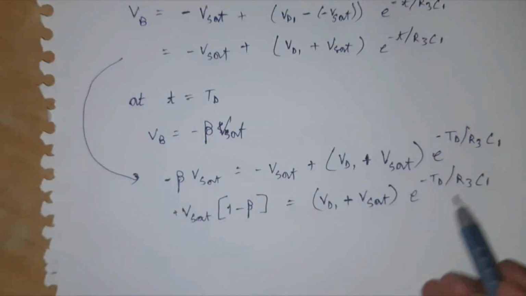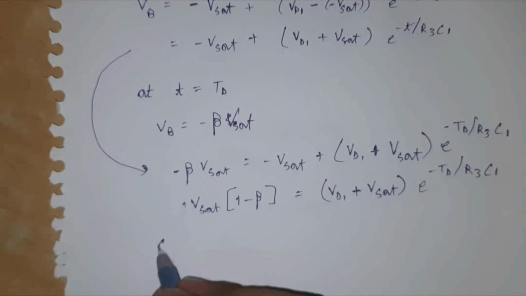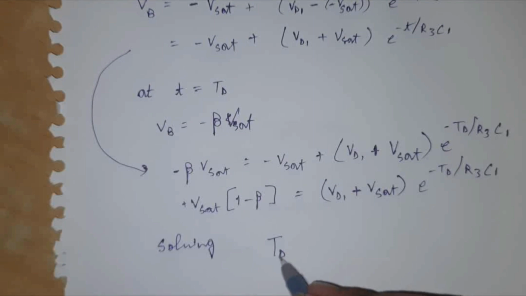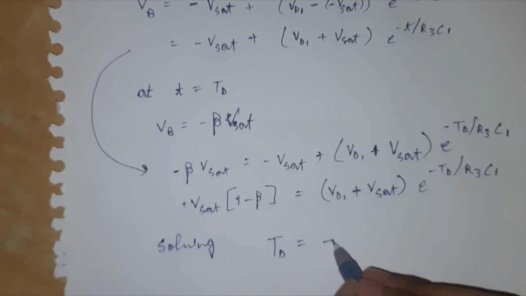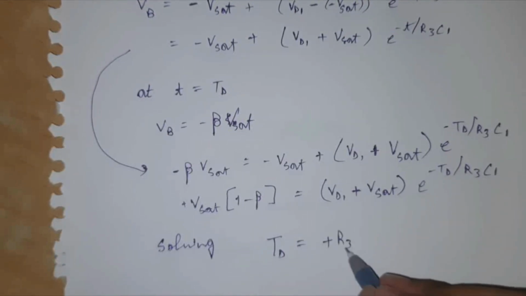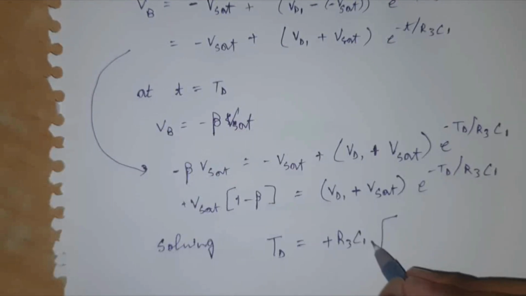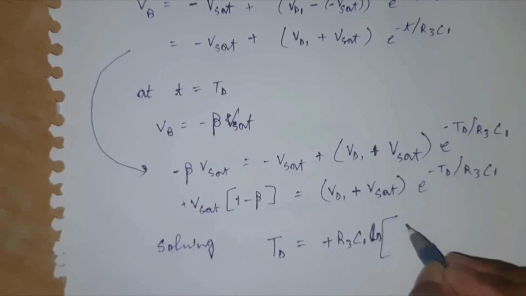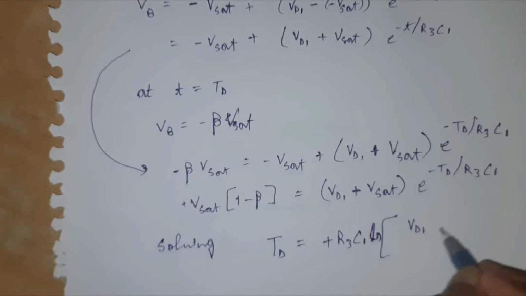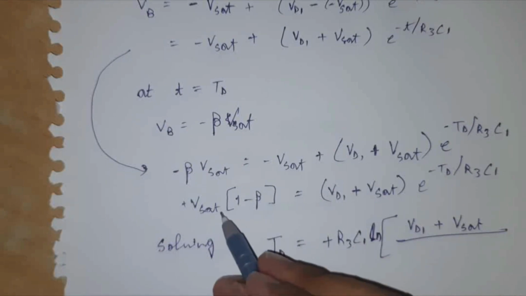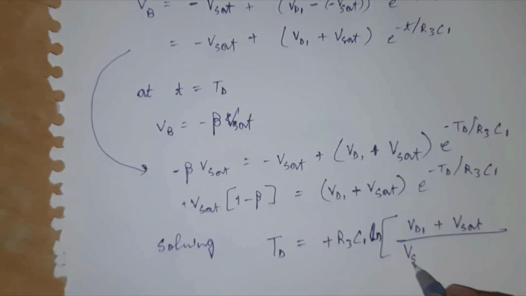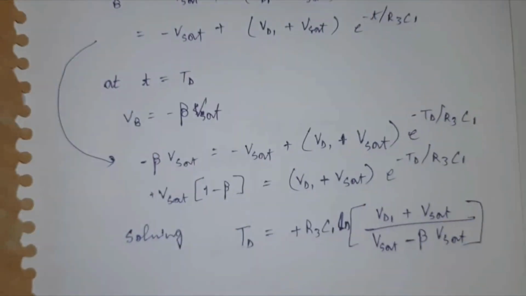I have just quickly written it down, and after solving this you will get the discharge time TD equal to R3C1 times the natural log of VD1 plus V sat over V sat minus beta V sat. So you will get this term.